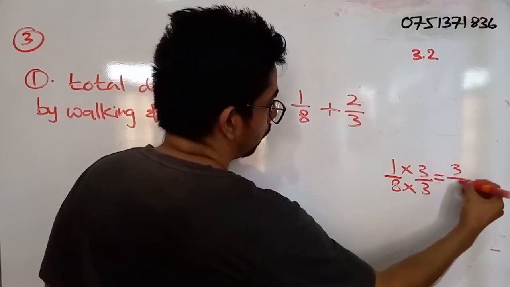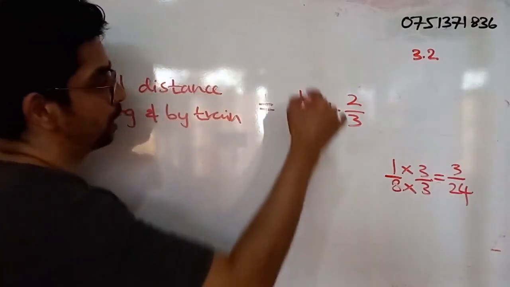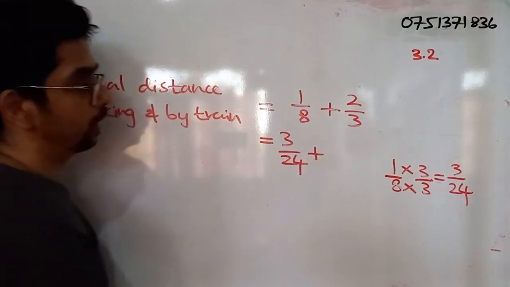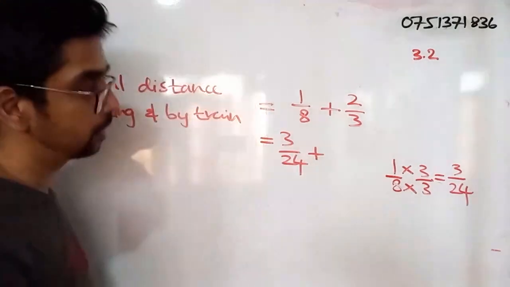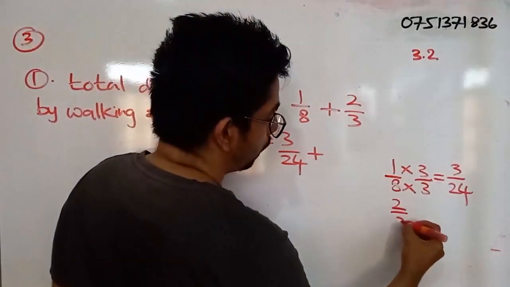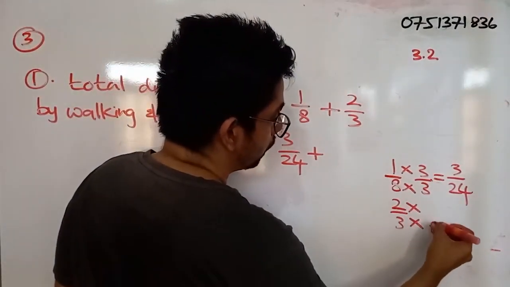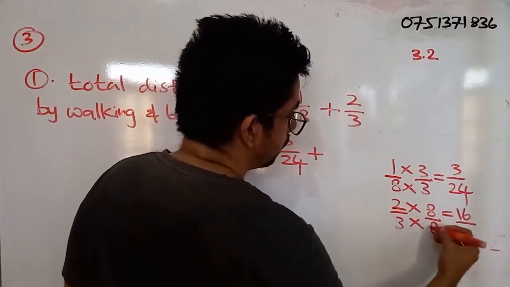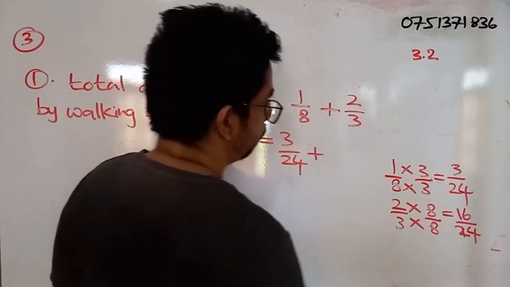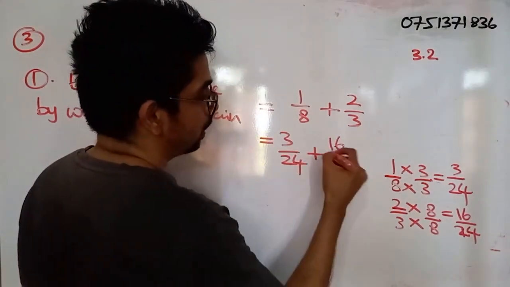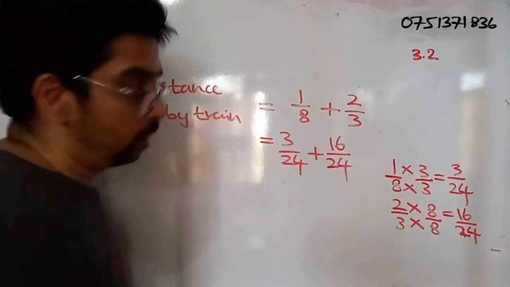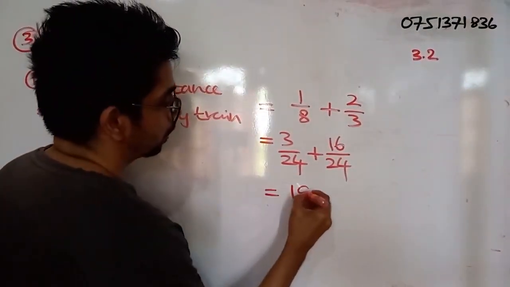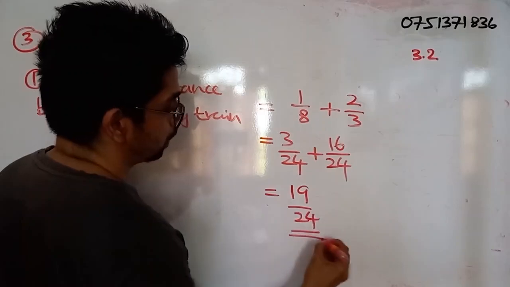Then I get 3 by 24. So instead of 1 by 8, I can use 3 by 24. Why? These two are equivalent fractions. Then 2 by 3, I have to multiply the denominator and the numerator by 8. So 8 times 2, I get 16. 3 times 8, I get 24. So here I can use 16 by 24. Right? So when I add these numbers together, I get 19 by 24. So that is the total amount.